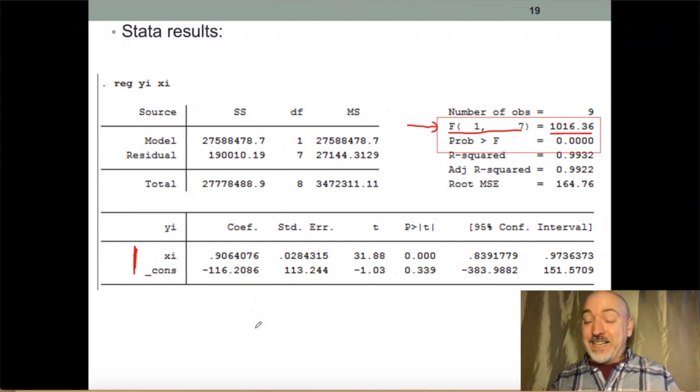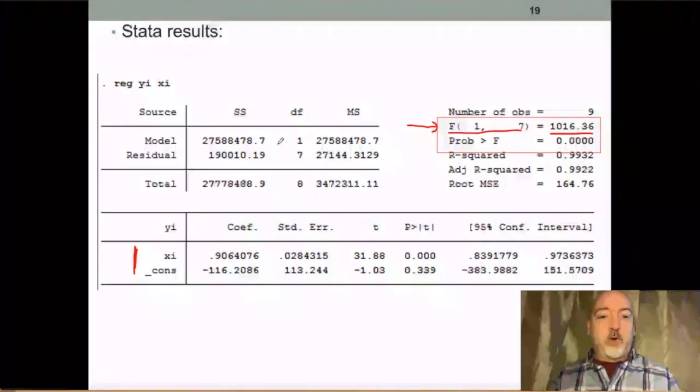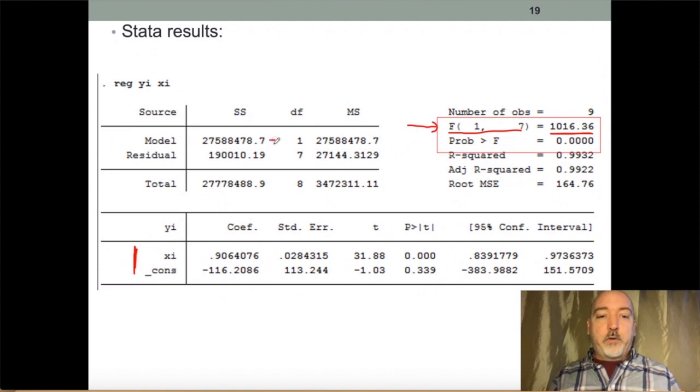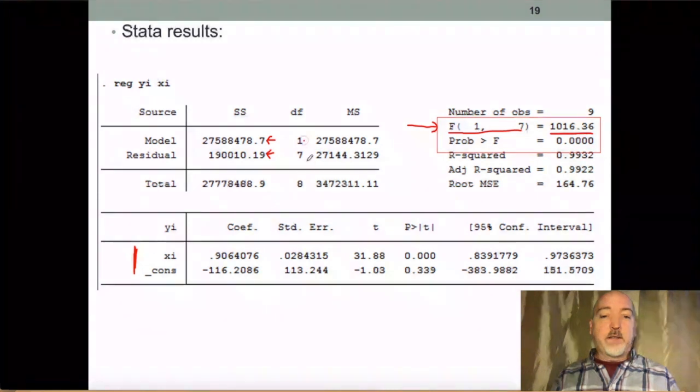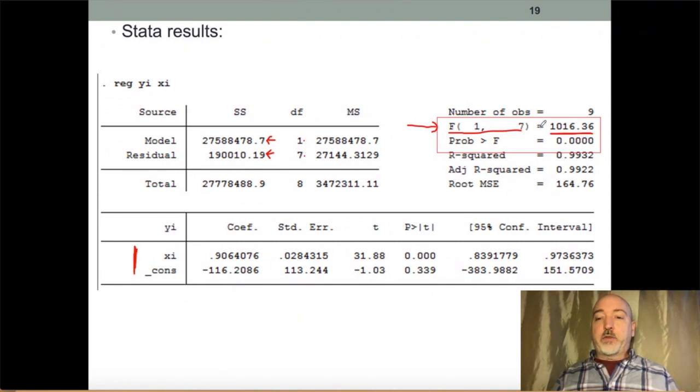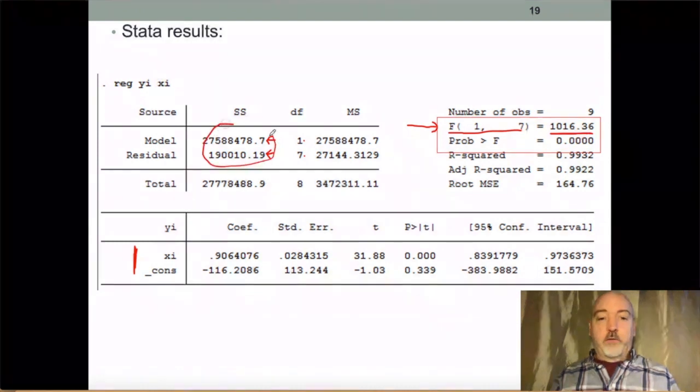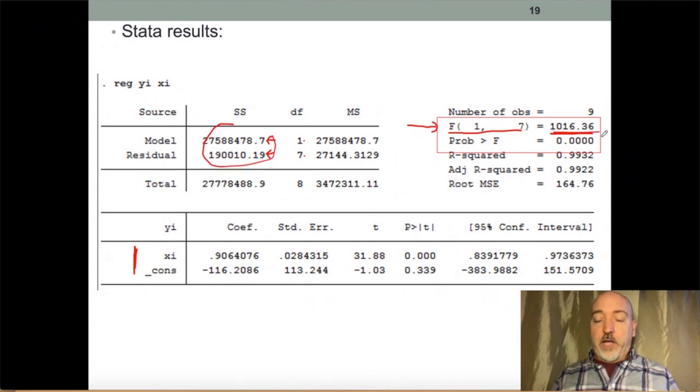Again, in this case, we only have one coefficient, but we should be able to show exactly where this calculation came from, and it came from over here, right? The model sum of squares, that is our explained sum of squares. Residual sum of squares, that's the RSS, and our degrees of freedom here are 1 and 7 respectively, and that's where that value came from. So you should be able to use these numbers to reverse engineer where this value came from.